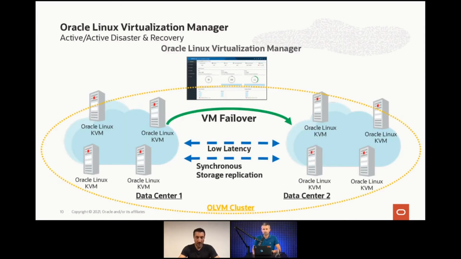So we have here a picture, an example related to the active-active disaster recovery solution, where, as you can see, we have two different data centers, but all the KVM servers are part of the same cluster and the same data center, and all of them are managed by one unique Oracle Linux Virtualization Manager, where we obviously suggest to get OLVM deployed as a self-hosted engine, so as a VM running on top of your KVM cluster.